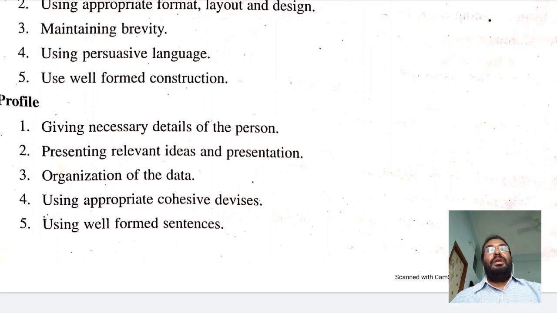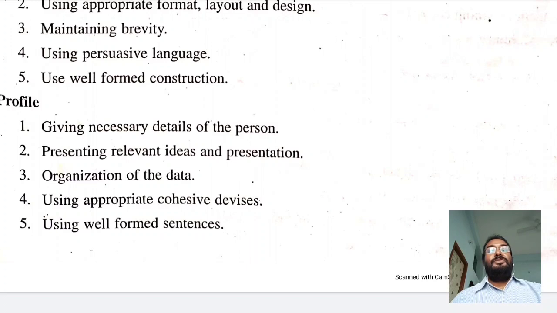There can be 3 or 4 paragraphs. Profile will not be mostly in paragraph, but rarely we can write in that also. But mainly feel that profile can be in a tabular form. So this is about the 6 minor discourses that we deal in paper 1 and 2.